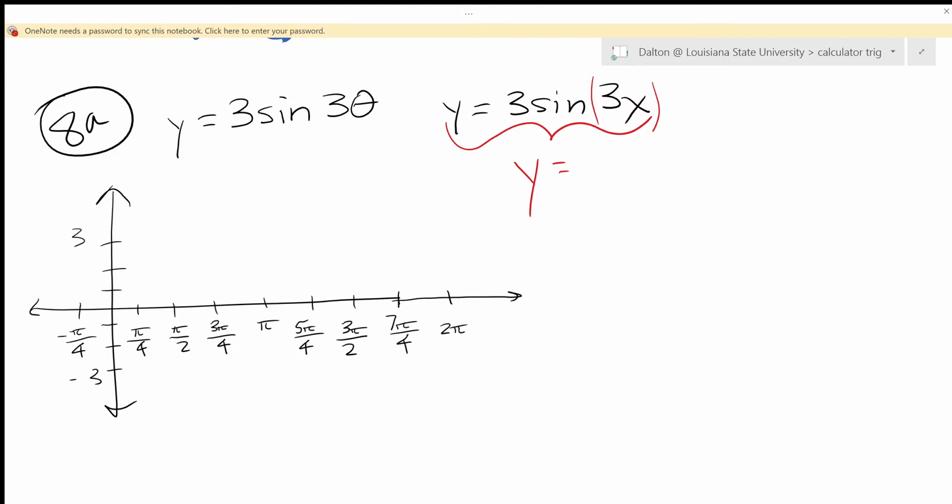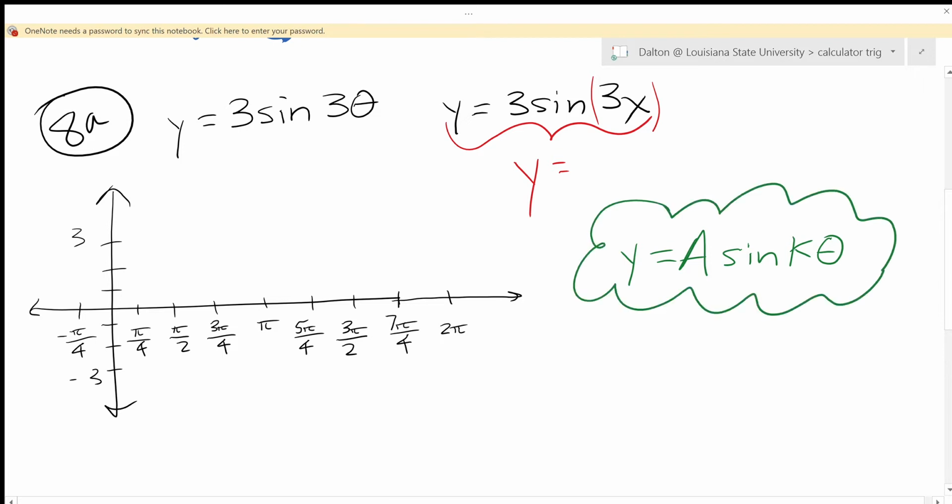Okay. The algebraic stuff says state the amplitude and the period. So the thing you need to remember is the general form of the sine function: y equals a times the sine of k theta. This is the standard form of what we can expect to see when we see our trig functions.